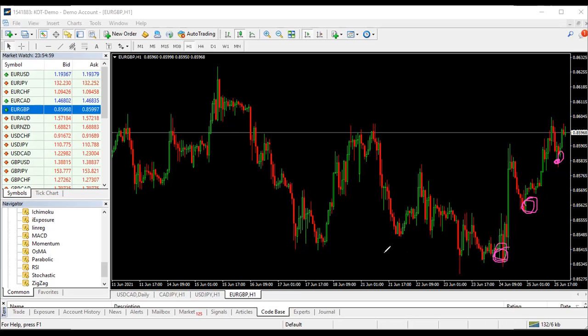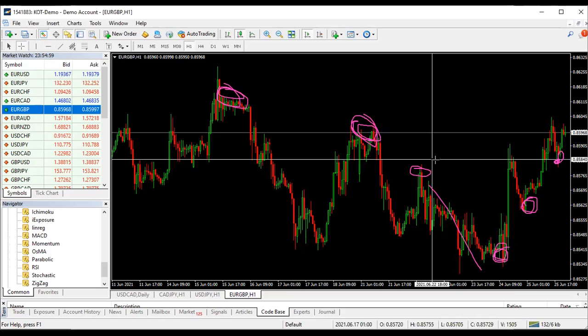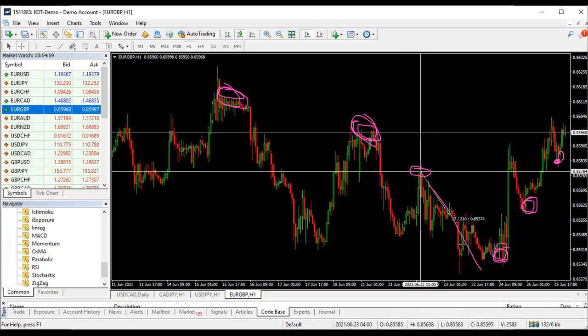Now, if you look at this angle too, we had the first resistance here, second resistance here, the third resistance came here. So if you took this trade, you would have made your 30, 40 pips. Now let's check it and see whether this trade would have given us that 30 or whatsoever pips. Up to somewhere here. That is about 48 pips. Yes, you would have made 48 pips.